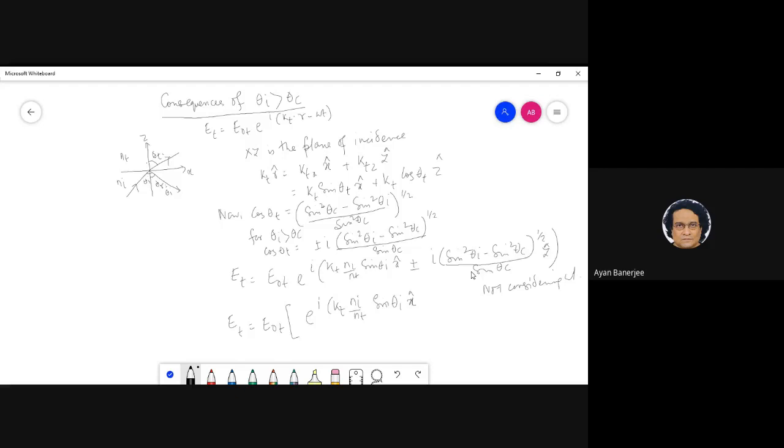So what you are going to get is a decaying exponential in the z direction: e to the minus k t, minus k t sine square theta i minus sine square theta c, half y sine theta c z hat.